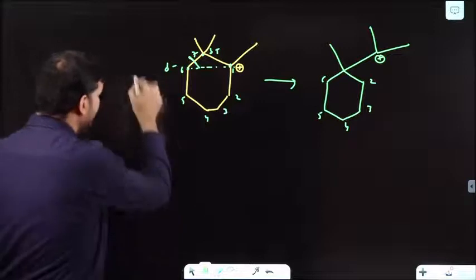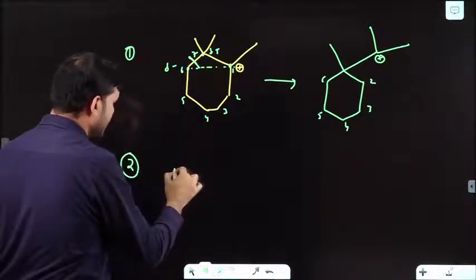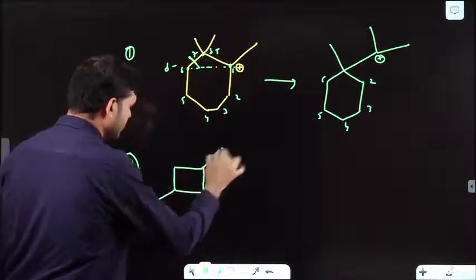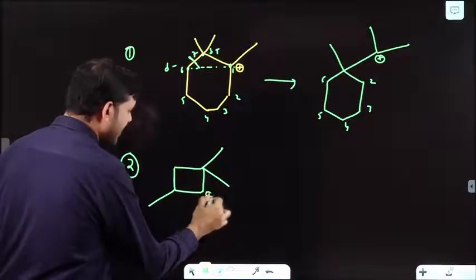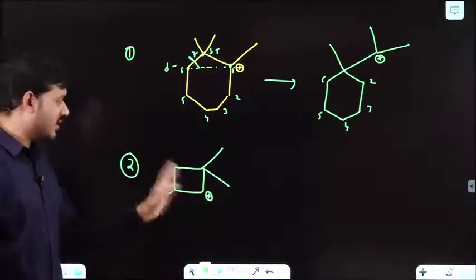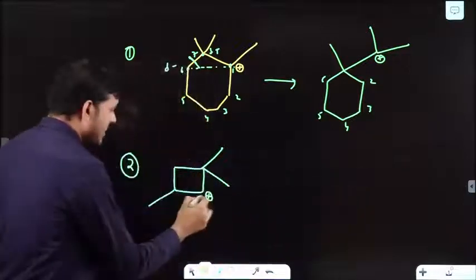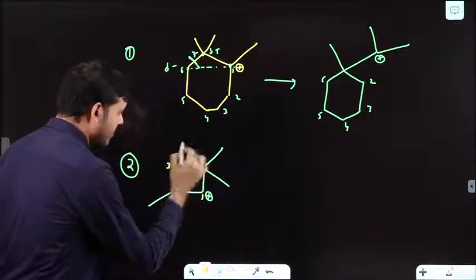Now I am taking one more case of rearrangement. Suppose you have this ring with plus charge here. Now you understand what will happen in this case. See, it is having again 1, 2, 3, 4, right?